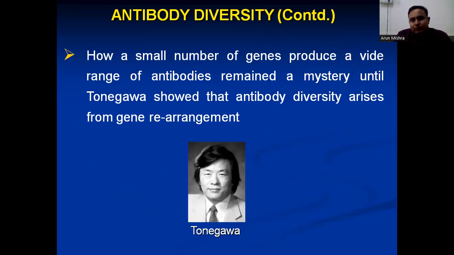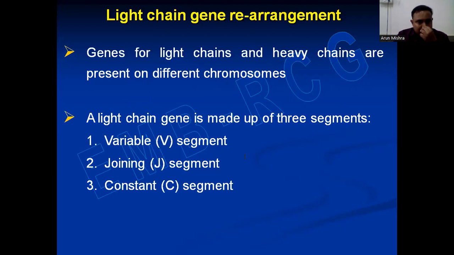How a small number of genes produces a wide range of antibodies remained a mystery until Tonegawa showed that antibody diversity arises from gene rearrangement. This is known as light chain gene rearrangement. Genes for light chains and heavy chains are present on different chromosomes.